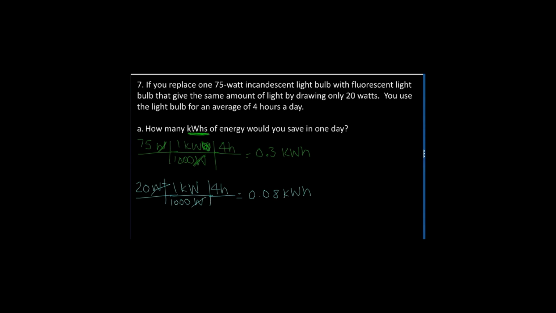Okay. And now we can just take the difference between the two. So we'll do 0.3 minus 0.08. And we're going to save 0.22 kilowatt hours a day.